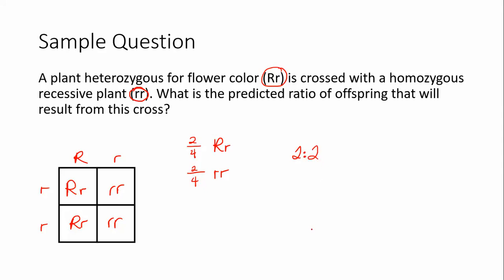While I think that's technically acceptable on the AP test, in general, we like to simplify things. So for example, 2/4 can be simplified to the fraction 1/2. Same here, 2/4 can be simplified to 1/2, which would give us a 1-to-1 ratio. So for every homozygous recessive plant we had, we would get 1 heterozygous plant, and that's my ratio.